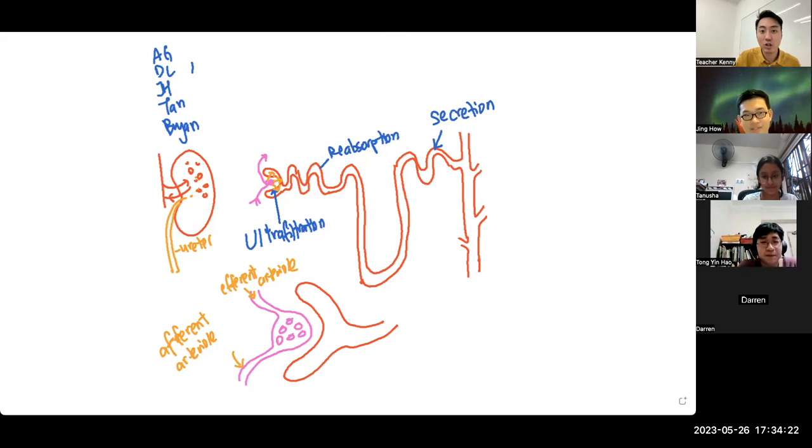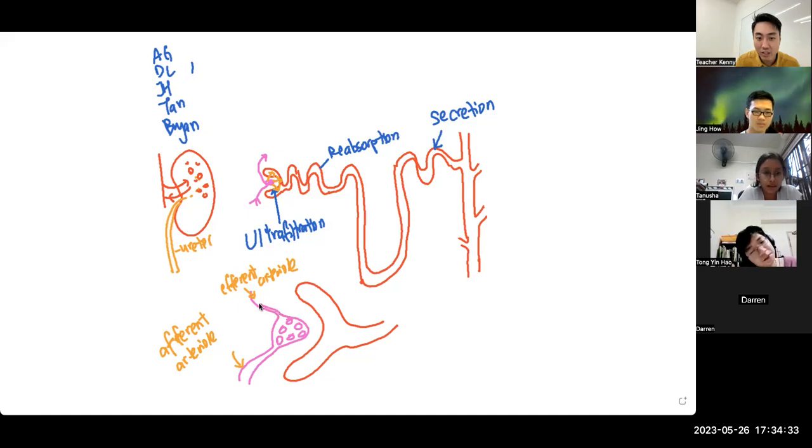So if I want to draw accurately, the diameter of the afferent has to be bigger. So it is bigger by the time it reaches here, and this one is smaller, right? Because there's a difference in diameter, this will cause a high pressure to form inside.